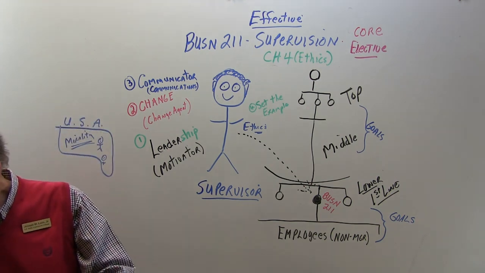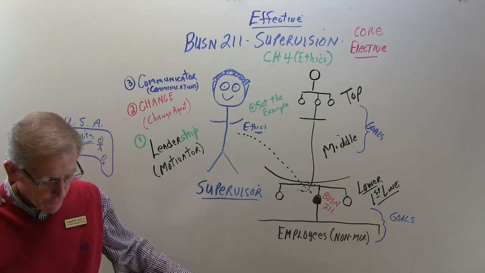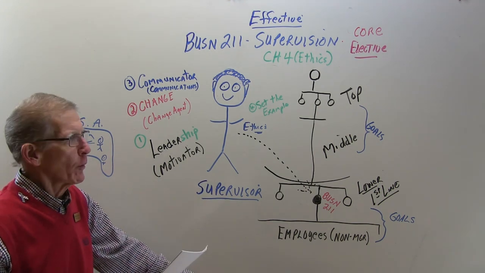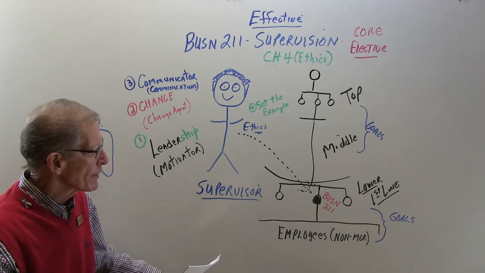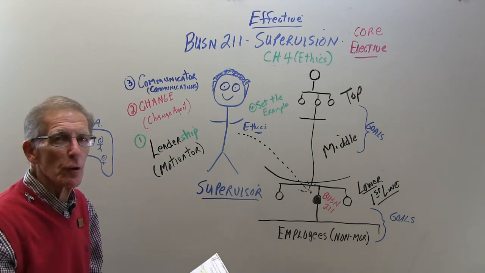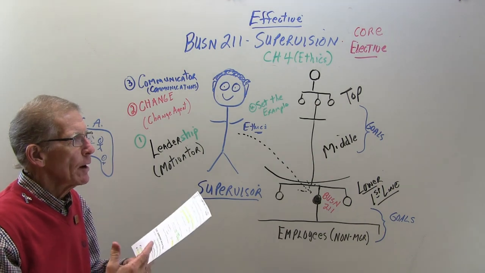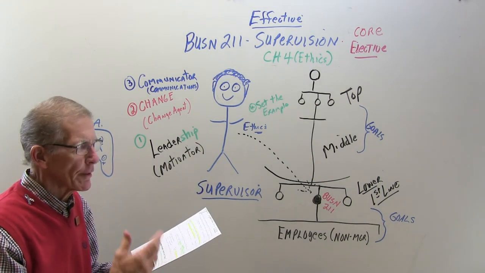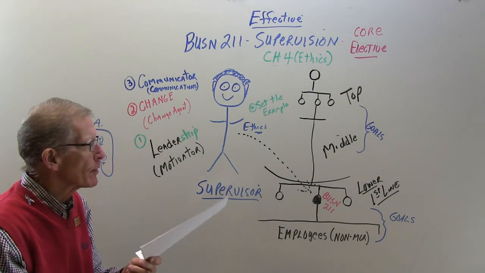And here's what he says. The supervisor can utilize one of 3 approaches. And I put these down here for you. The best ratio approach. The best ratio approach is, when you're making ethical decisions, do what is the most good for the most people. That's the best ratio. Make ethical decisions based upon what's good for the most people.